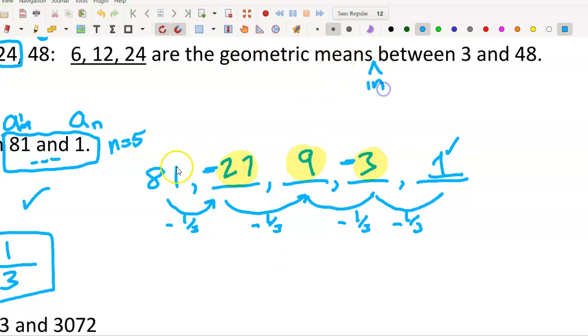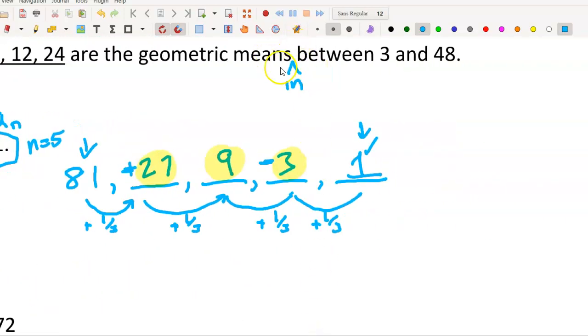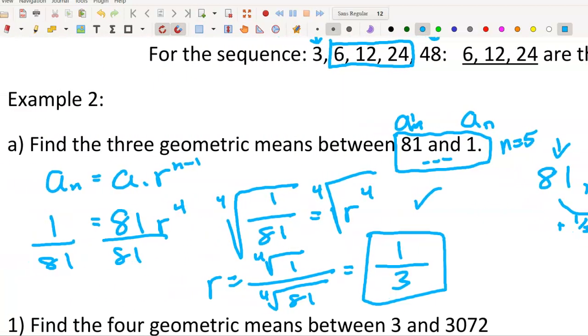So negative 27 and negative 3 are not in between those two numbers. But very good point. So yeah, we have to leave it as a positive. For that reason, usually I think in the books it says ratios are usually positive, but if we changed the definition of that, maybe that would work. Interesting. Good.